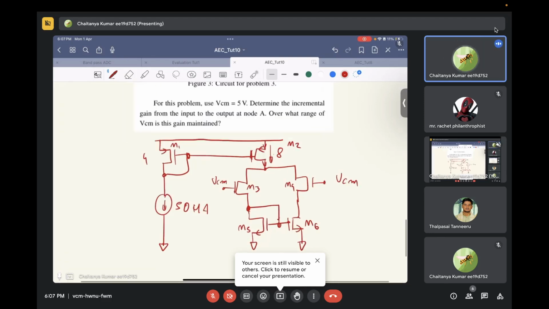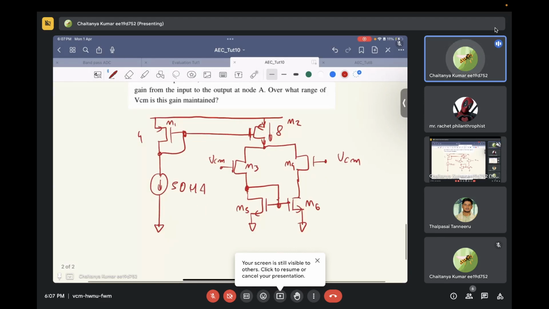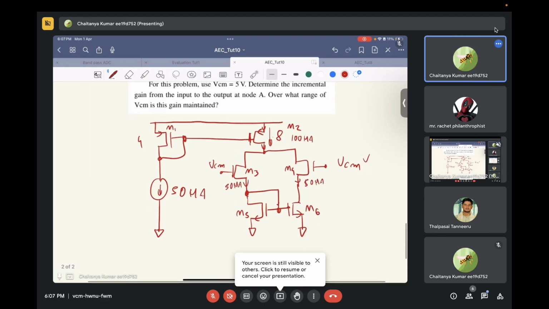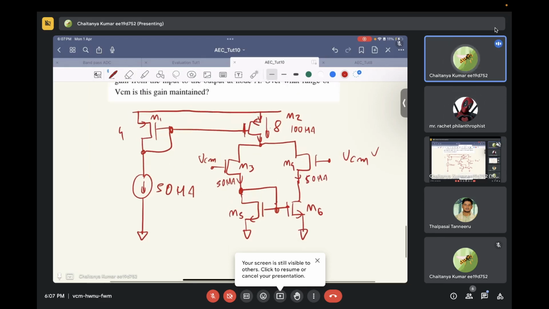Can you tell me what is the current flowing through transistor M2? 100 microamp. And if I have a VCM on the gate of transistor M4 also, 50 microamp will be flowing through this, and 50 microamp will be flowing through this. You understand this?